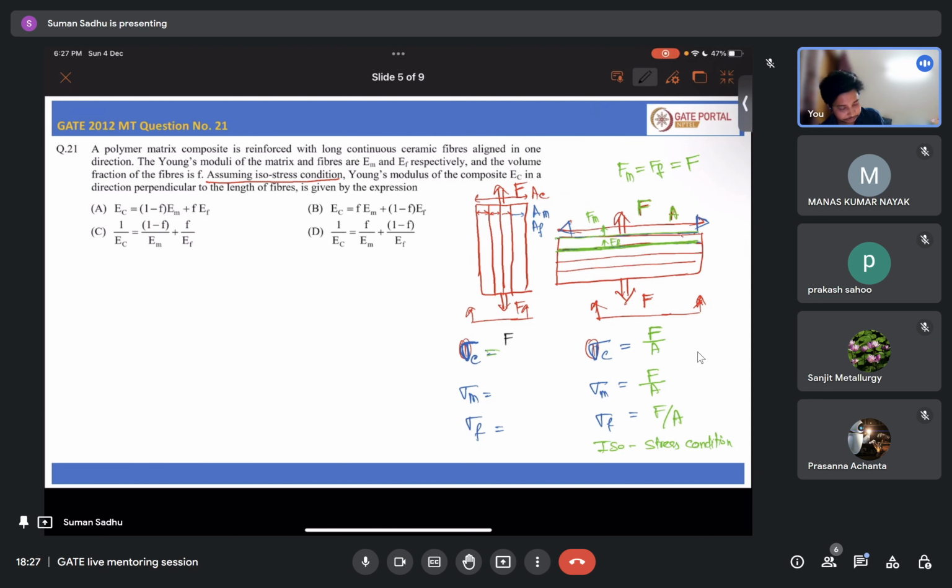Okay, you were saying f means the applied load, right? And total area is am plus af. Yes, or you can write it as f by ac. Okay, and now what will be the stress on the matrix?